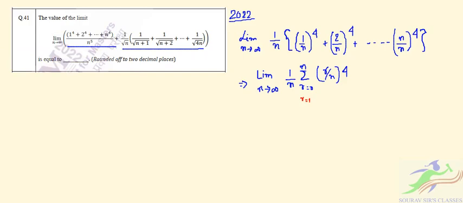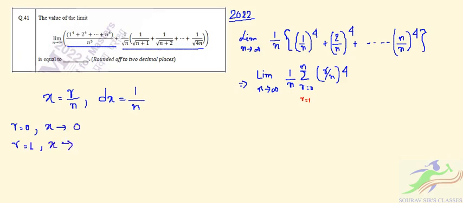If we consider x equal to r by n, then dx is equal to 1 by n. For r equal to 0, x tends to 0, and for r tending to n, x tends to 1.